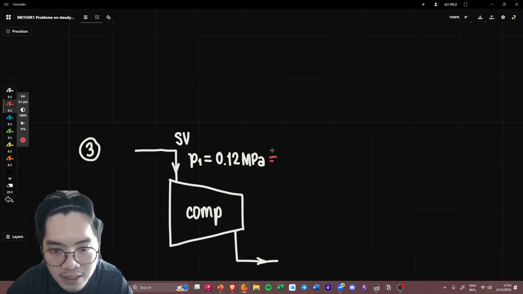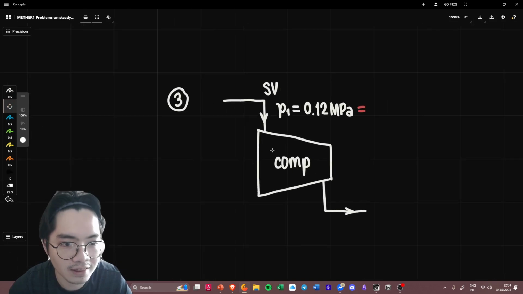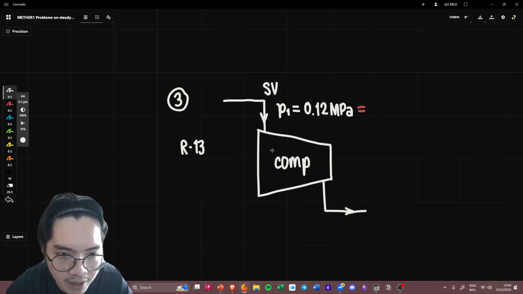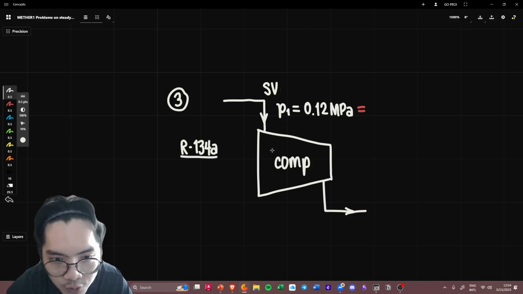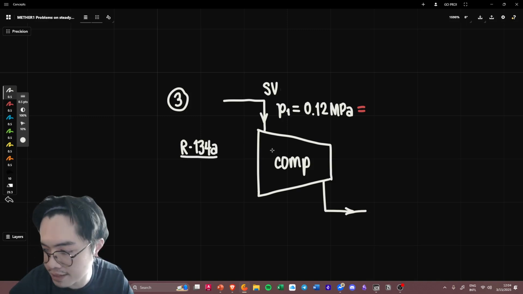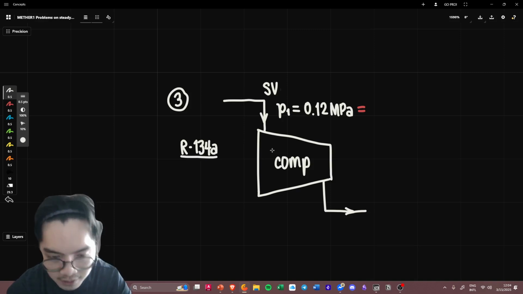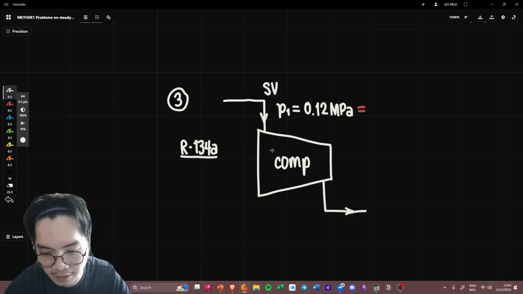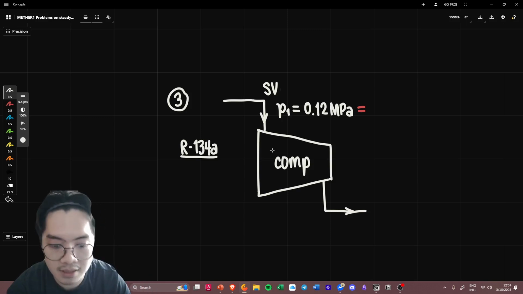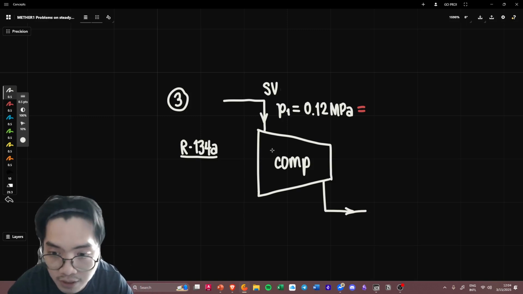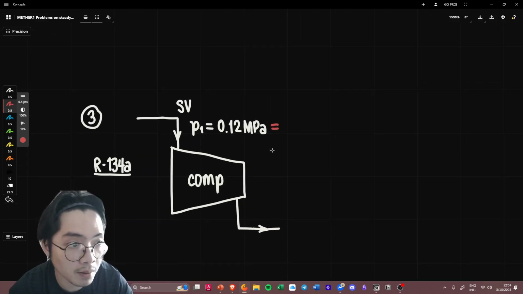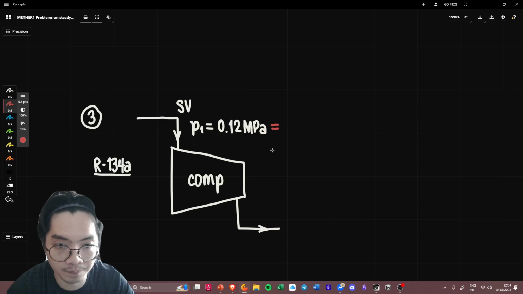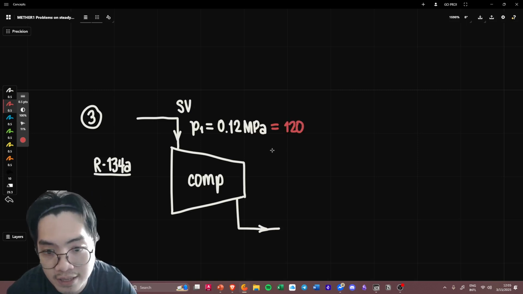Because I know this is R134A, by the way, I know that I'm going to have to find properties in the table, because it's one of the five substances that has corresponding saturation and superheated vapor tables. I probably should turn this into bar. 0.12 MPa corresponds to 120 kilopascals, which is just the same as 1.2 bar, right?